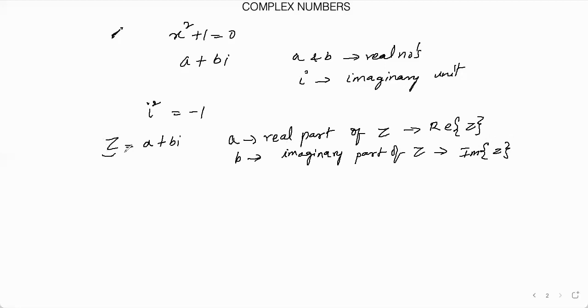The symbol z can stand for a complex number or a complex variable.